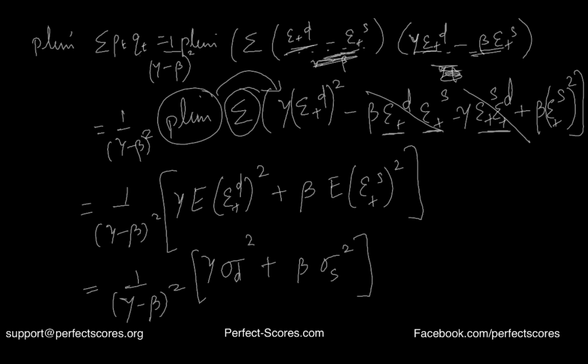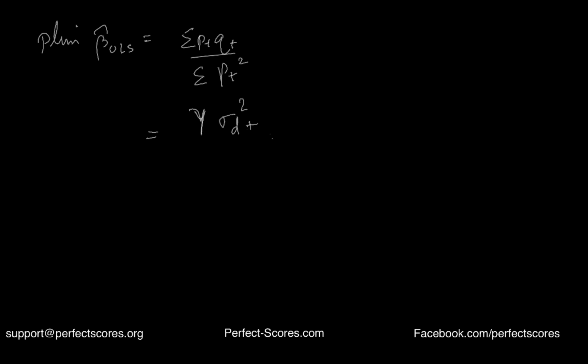Now things should be very simple. Let's just club everything up. What is the probability limit of beta OLS? The probability limit of beta OLS is summation of PT QT over summation of PT square, which we found out. The numerator, summation of PT QT, was gamma sigma D square plus beta sigma S square divided by (gamma minus beta) whole square.